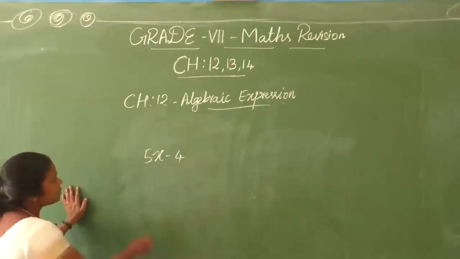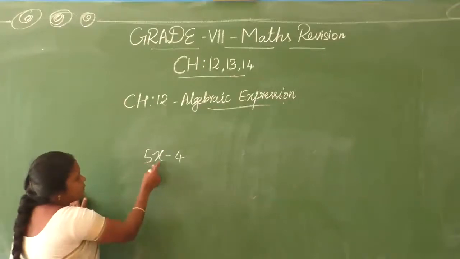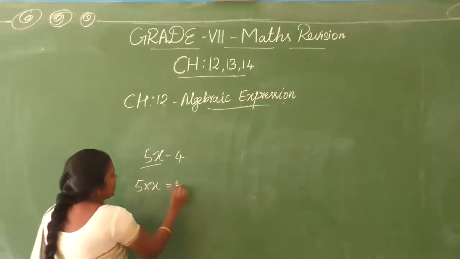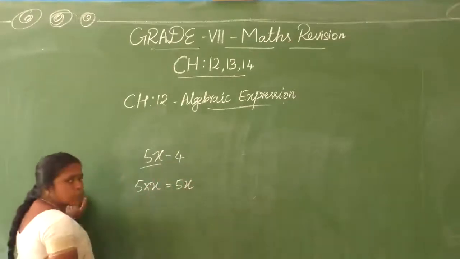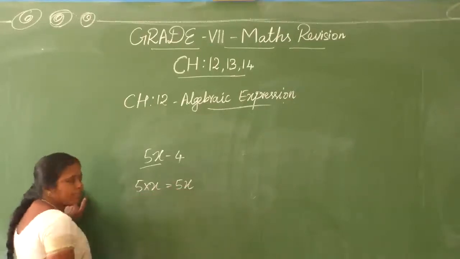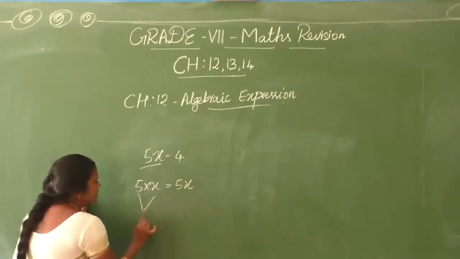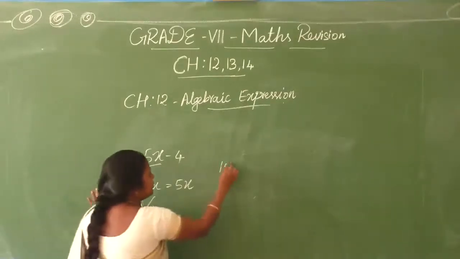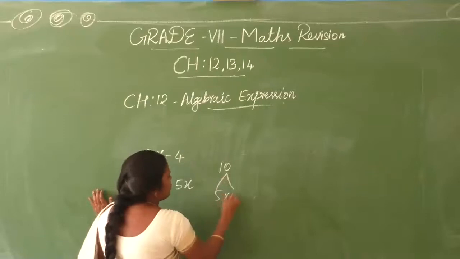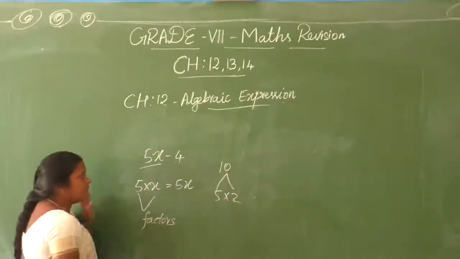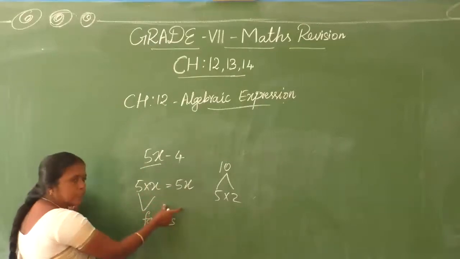Understood? What about this term? 5 into x is 5x. That means 5 and x are called factors of the term 5x. What are these? Factors. For example, 10: how do you tell? 5 into 2, no? 5 twos are 10. 5 and 2 are called factors of 10. Like that, 5x is the variable term.